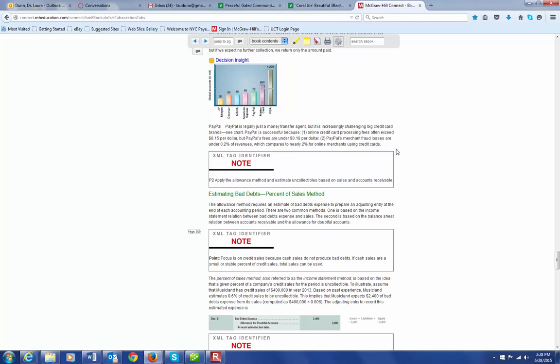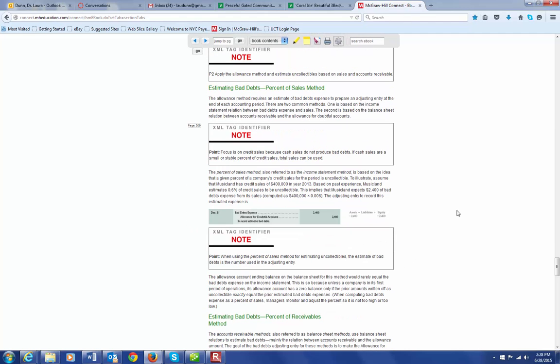So they give you an example here of a company called Musicland, which has credit sales of $400,000. Based on their past experience, and this is key, because often this is what you have to use. What has your experience taught you over the years regarding what sales will not be collectible? And in this case, it's less than 1%, 0.6% of credit sales will be uncollectible.